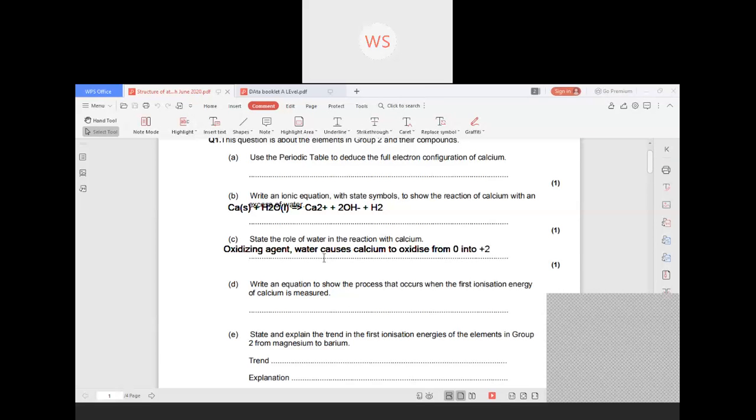and then write an equation to show the process that occurs when the first ionization energy of calcium is measured.